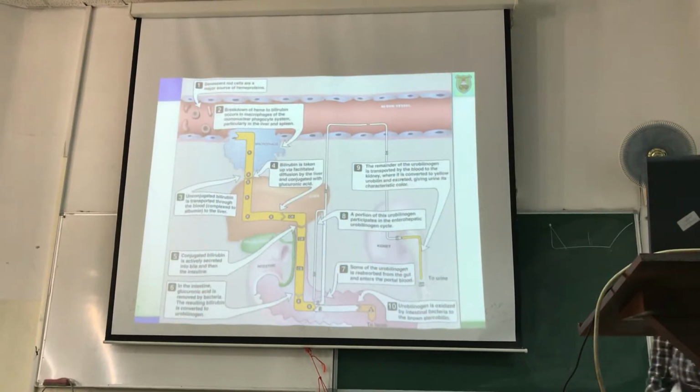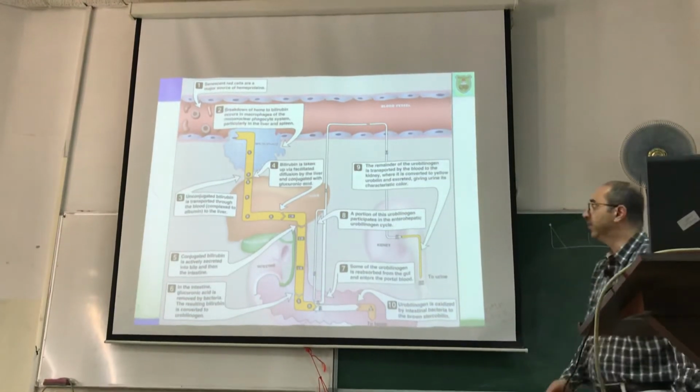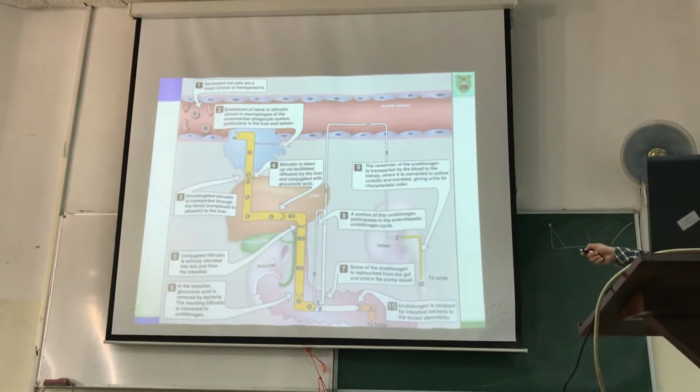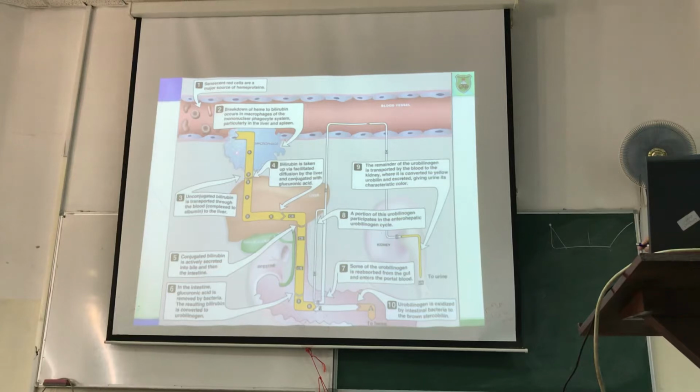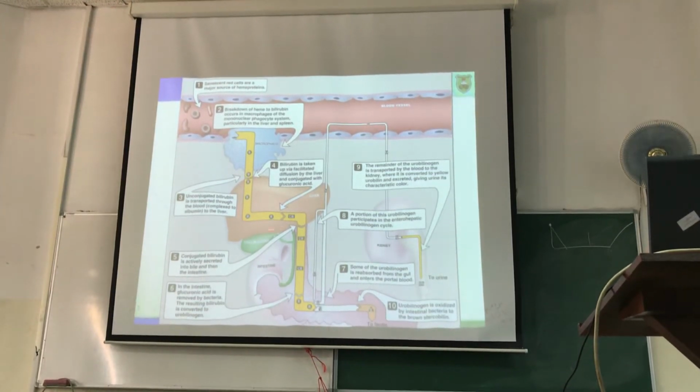Okay. So that's the story of bilirubin, and here it is summarized in this nice figure. So again, you have release of bilirubin. Bilirubin binds to albumin. It goes to the liver, where it gets conjugated. So bilirubin now is the unconjugated form. It gets conjugated. So you have two types of bilirubin, conjugated and unconjugated.